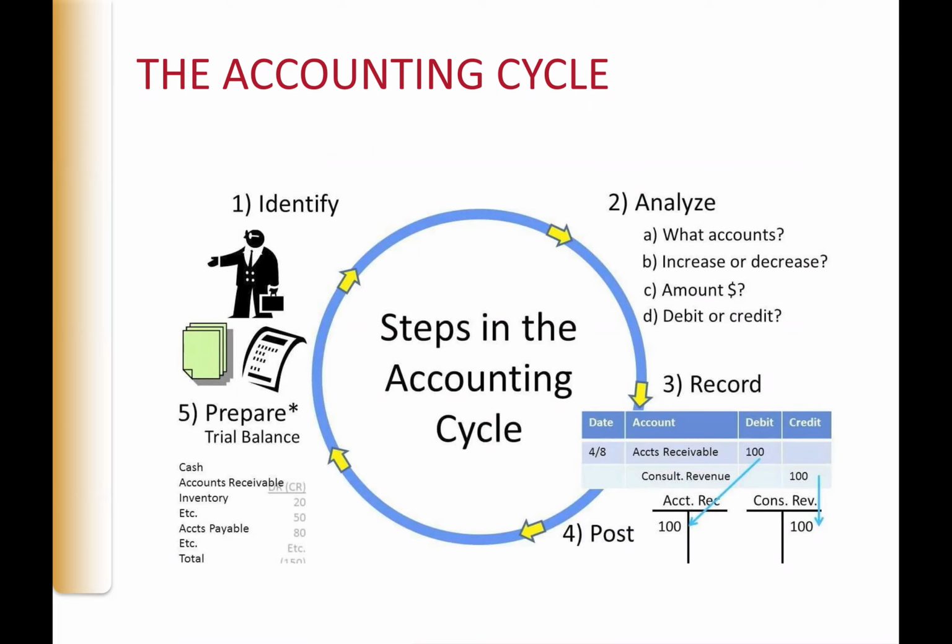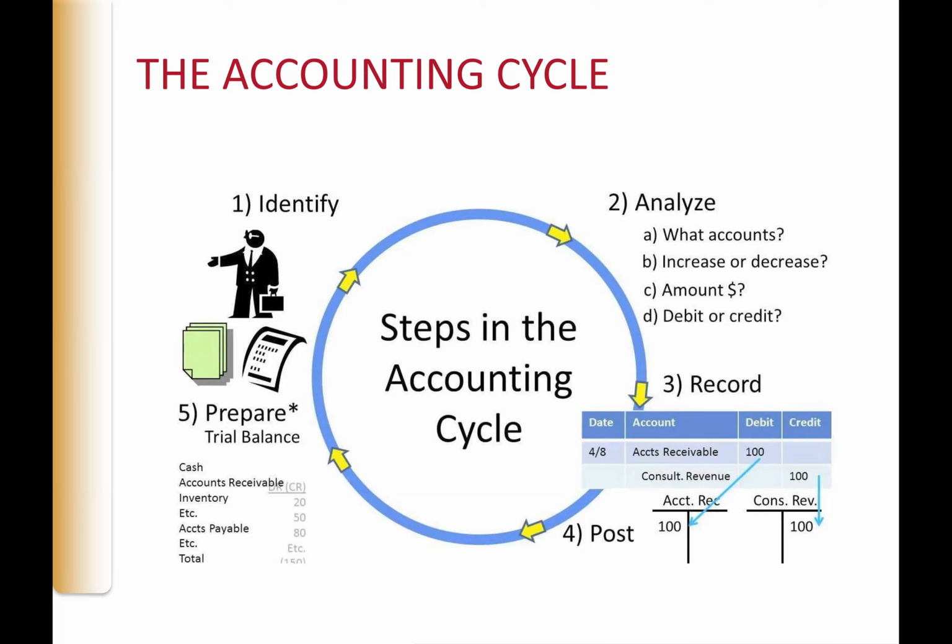Now, this chapter and chapter 3 get into the nitty-gritty of the detail of what we call the steps in the accounting cycle. So we're going to review some of them this week.